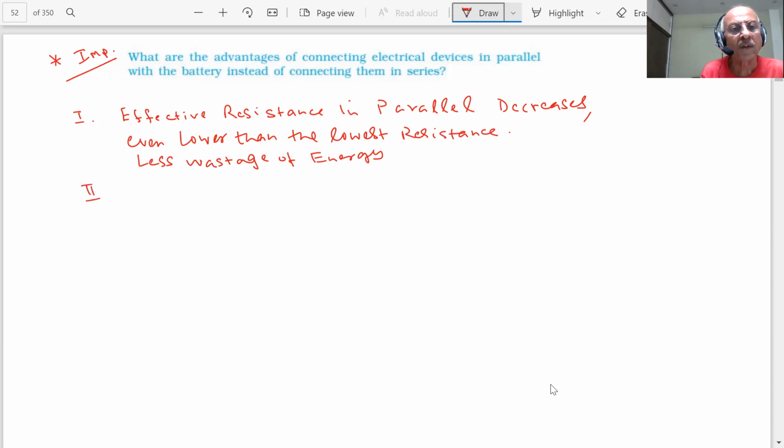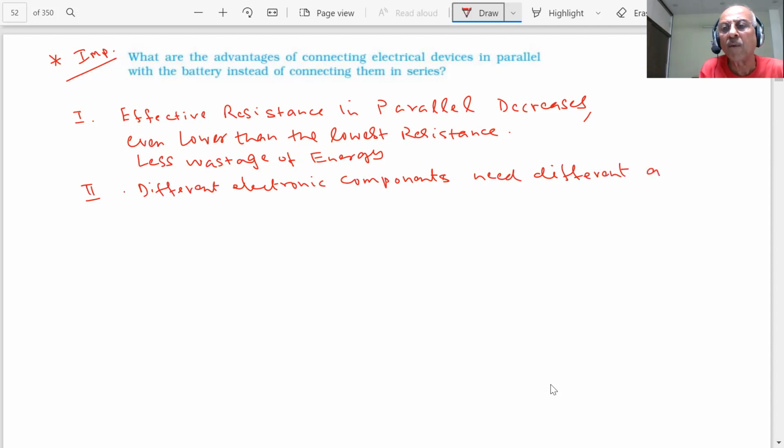Second, different electronic components need different amounts of current, or draw different amounts of current. In parallel, current gets divided.